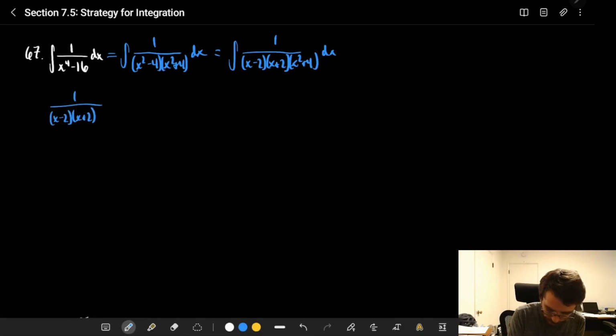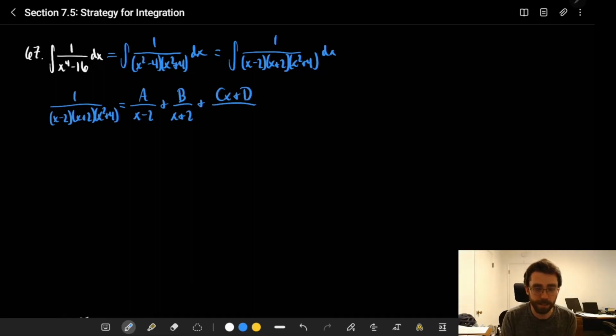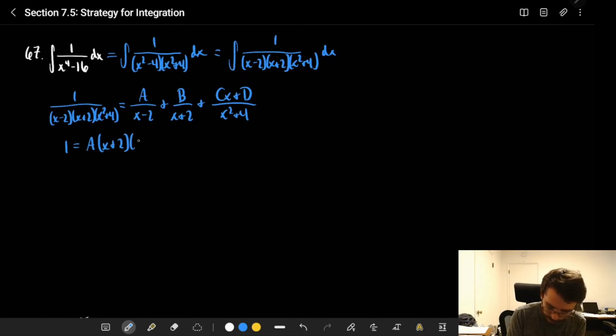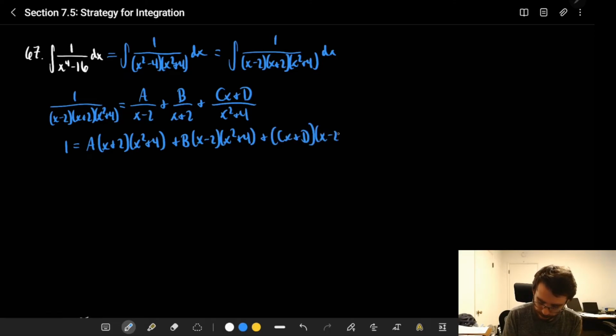So doing partial fractions, it's going to be a little ugly. But it's worth it. You get a linear term here, you get another linear term here. Then you have a quadratic, so you need to put a linear cx plus d on top. That gives you 1 equals a times (x plus 2)(x squared plus 4) plus b times (x minus 2)(x squared plus 4) plus (cx plus d)(x minus 2)(x plus 2).